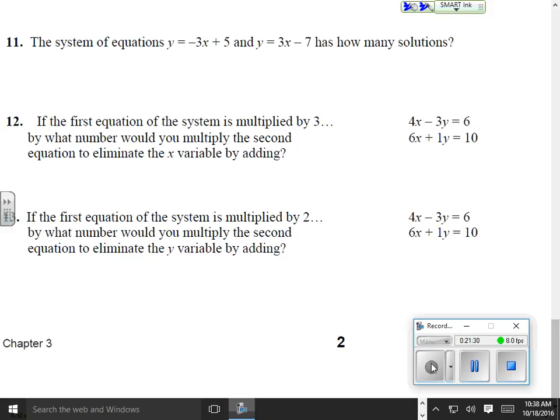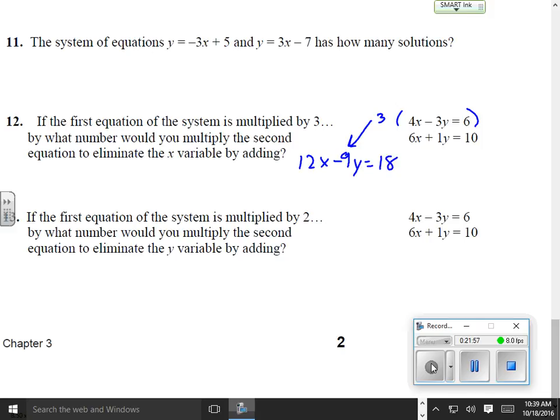Number 12, if the first equation of the system is multiplied by 3, what number would you multiply the second equation by to eliminate the x variable by adding? So if we take and multiply this top equation by 3, that would become 12x minus 9y equals 18.